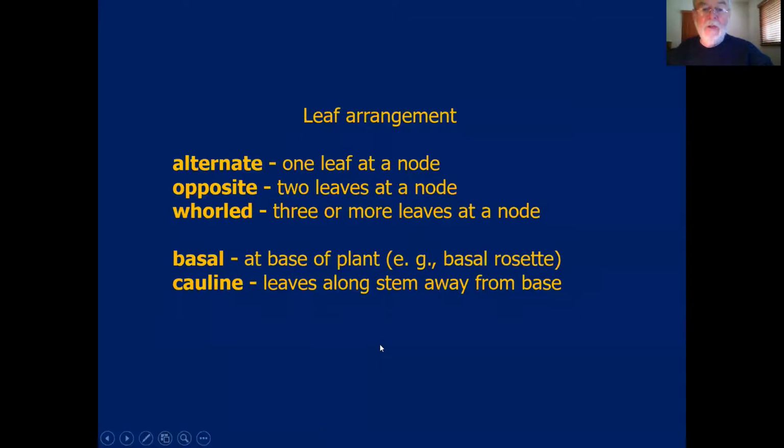Let me show you again the definitions. So these are the basic types of formation of leaves. Let me show you some examples on the screen. This is a branch from an orange tree, and you can see the arrangement of the leaves. It's got one leaf here, another leaf there, a third leaf there.